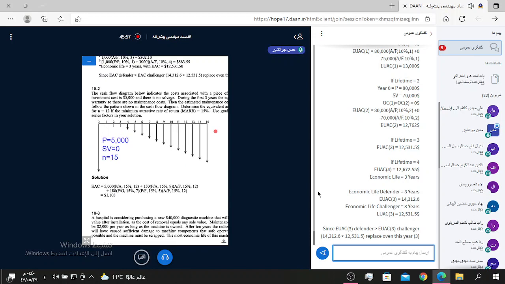Gradient and uniform. Let's calculate for 12 years, A/P, salvage value 0.